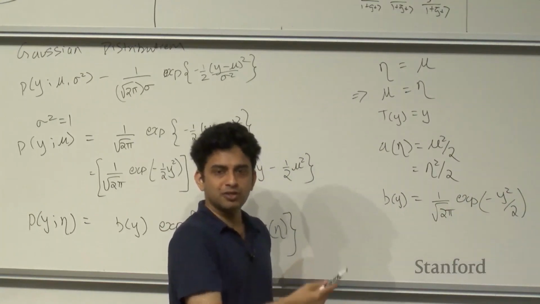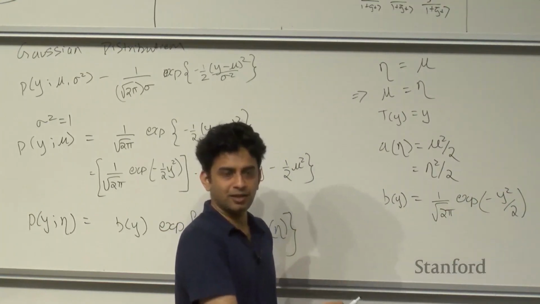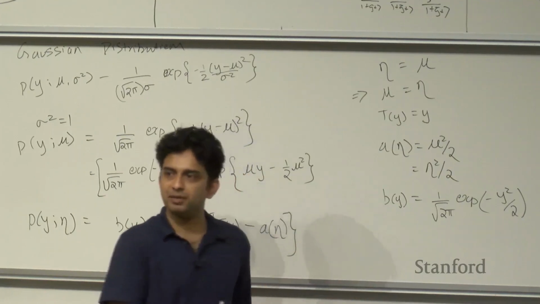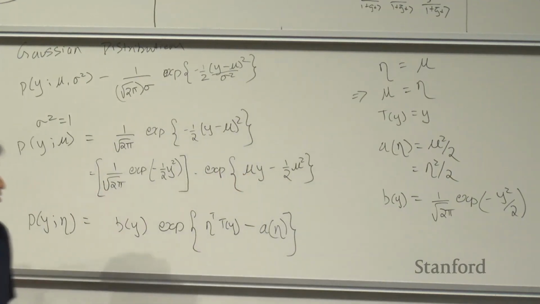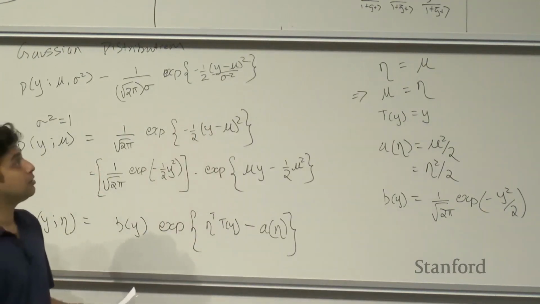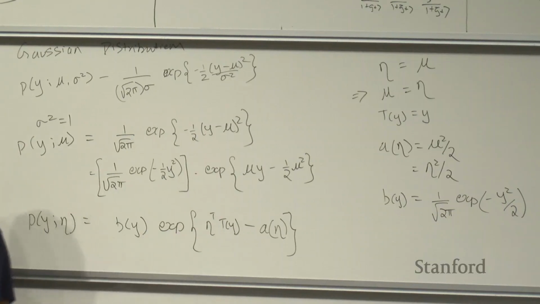So for the Gaussian, if you perform an exponential tilting, you still get a Gaussian distribution with just different parameters. Anyway, that's just to tie it back to the tilting interpretation that we spoke about.